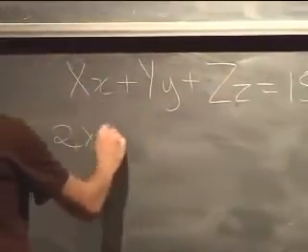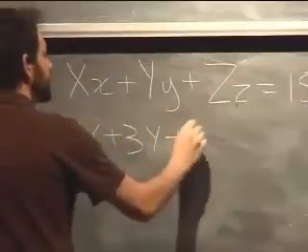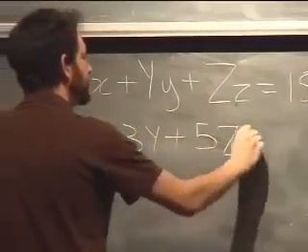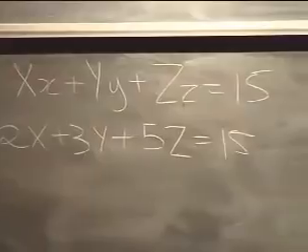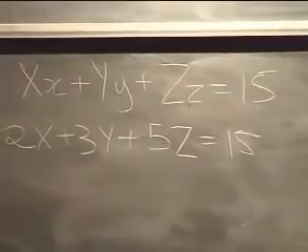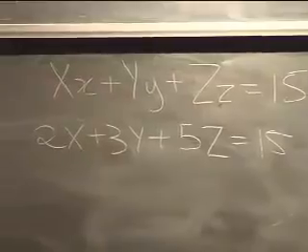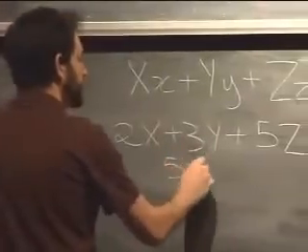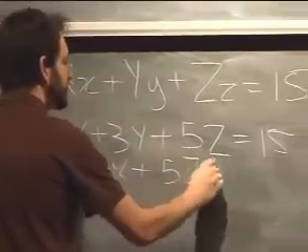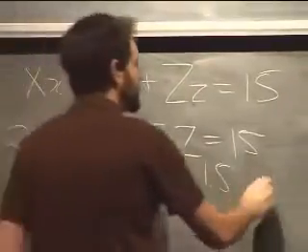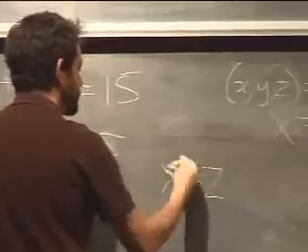So 2X plus 3Y plus 5Z is 15. That has to be true, because (2, 3, 5) lies on the plane. But also X equals Y, so 5X plus 5Z is 15, and we've seen that X plus Z equals 3.